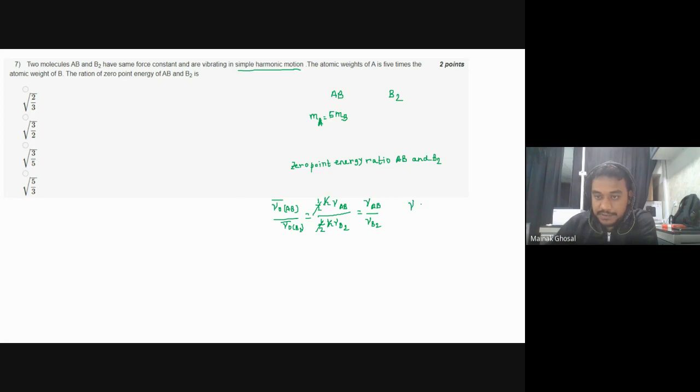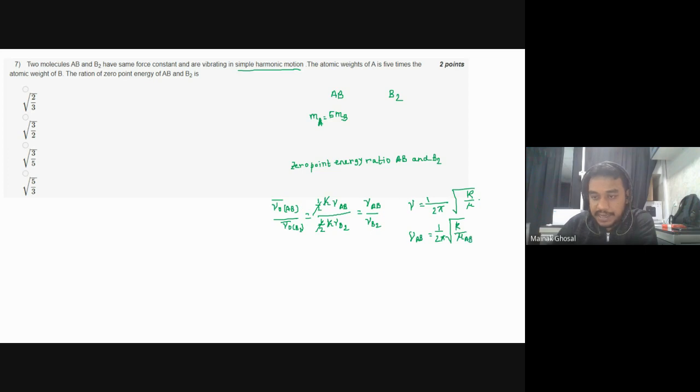Now the expression for nu was 1 by 2 pi root over k by mu, right? So nu of AB will be 1 by 2 pi root over k by mu AB.